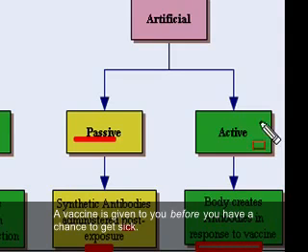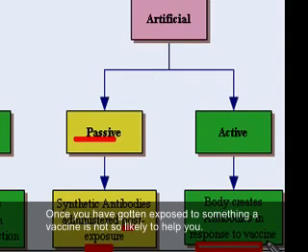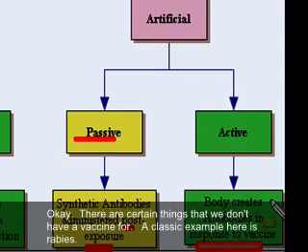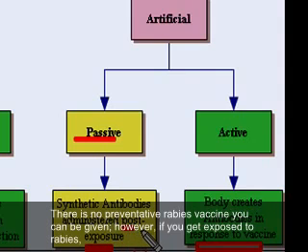A vaccine is given to you before you have a chance to get sick. Once you've gotten exposed to something, a vaccine is not so likely to help you. Okay? There's certain things that we don't have vaccines for.